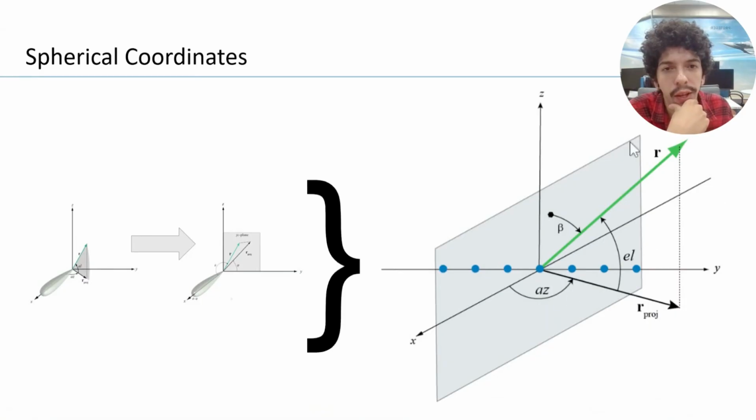And finally we have these three combinations: azimuth, elevation, and range. This measurement, or this vector.